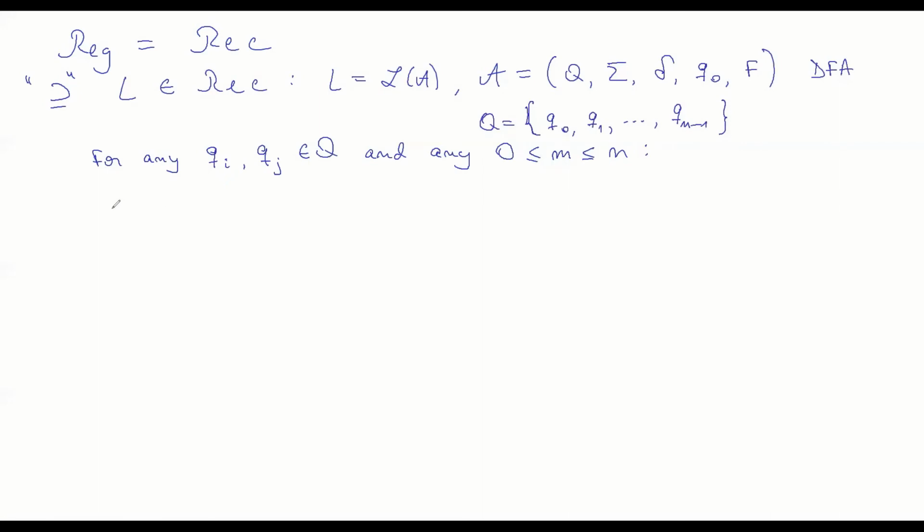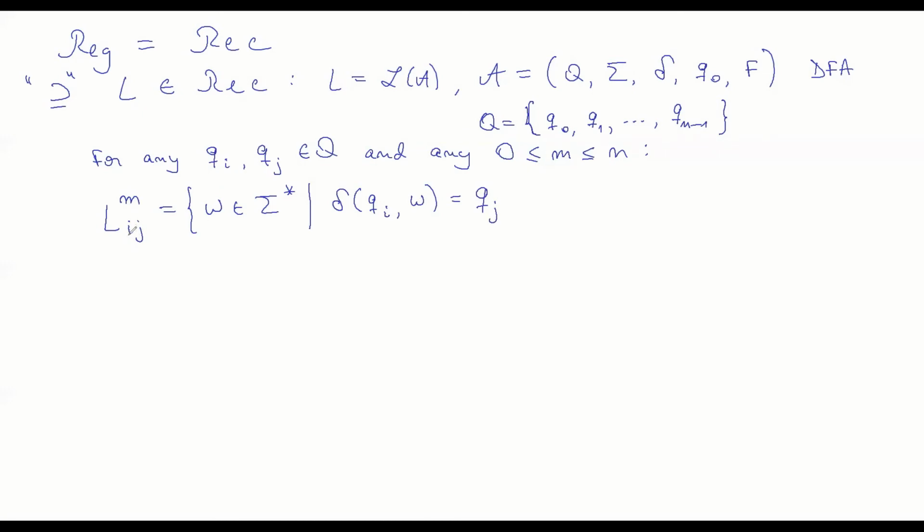I'm going to denote this by Lij with m in the exponent. And here is what this means. These are going to be all the words from sigma star such that if you start in state Qi and you do a computation with input word W, that's going to take you to state Qj, so that justifies this i and j.